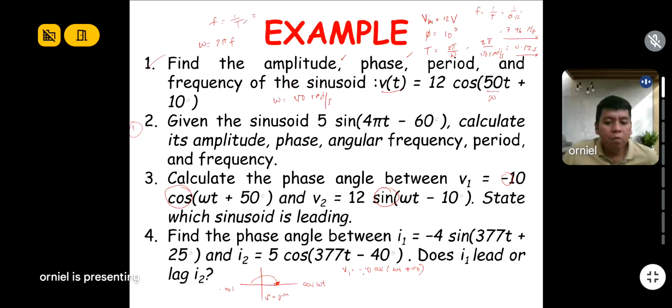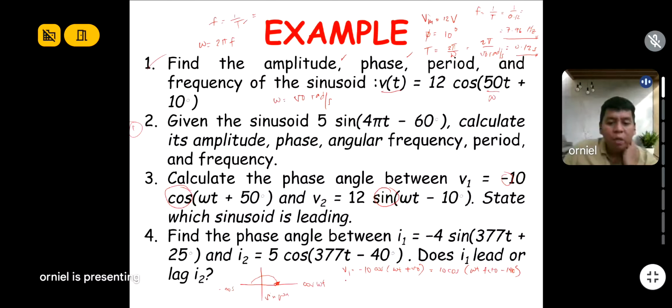We convert it into positive cosine, normally by using trigonometric identities, the formula from earlier. So to convert that, we have 10 cosine omega t plus 50 degrees, and we add 180 degrees.